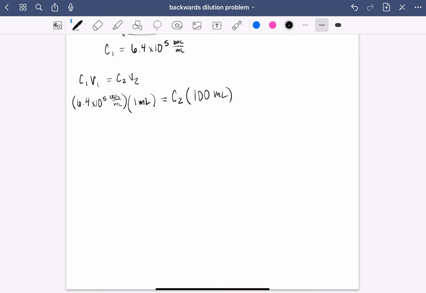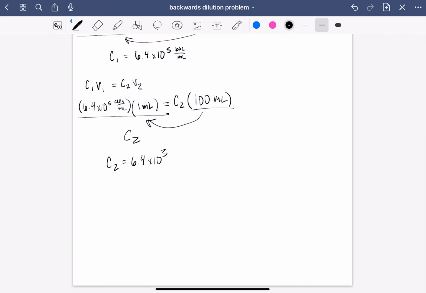Okay, and then we do the same thing, divide this over, and for that 100, we are going to get C2 equals 6.4 times 10 to the 3. 1, 2, 3. Yep, okay.